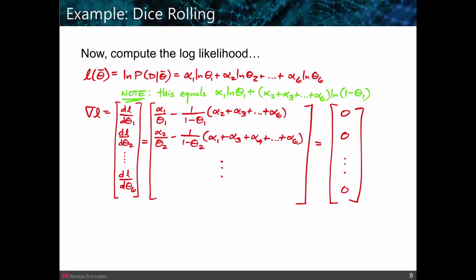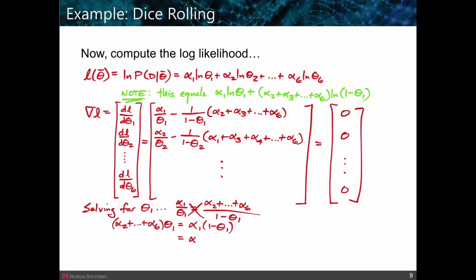Let me show you how we might solve. Let's do this from one of those examples. If we solve for theta 1, we can move the negative term to the right side. Then we can cross multiply, distributing the alpha 1 in on the right side, moving the theta 1 term to the left.